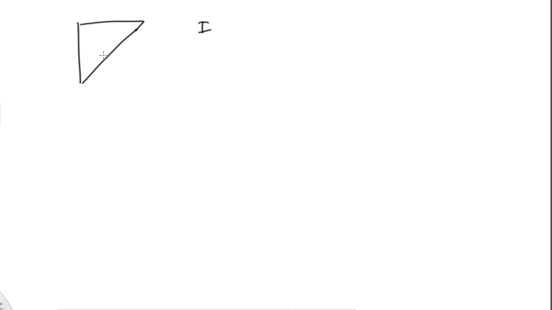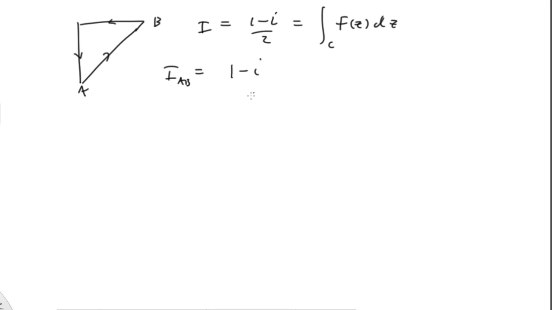The integral going along this curve here was equal to 1 minus I over 2, and that was the integral over c of f of z dz. And what we had was the a to b integral. I'll call that I a to b. That was equal to 1 minus I.